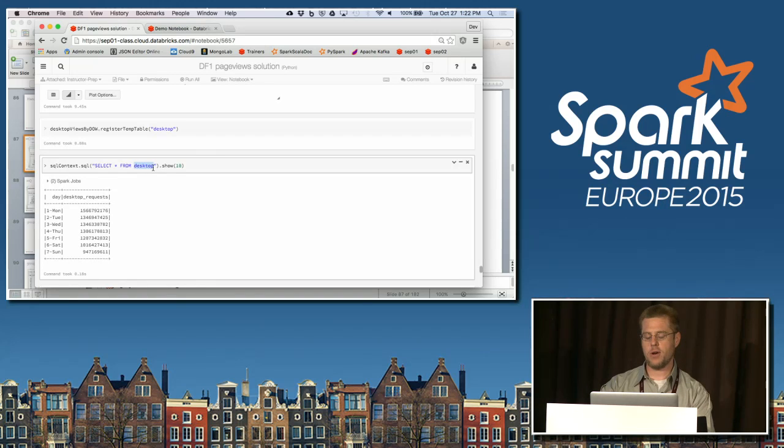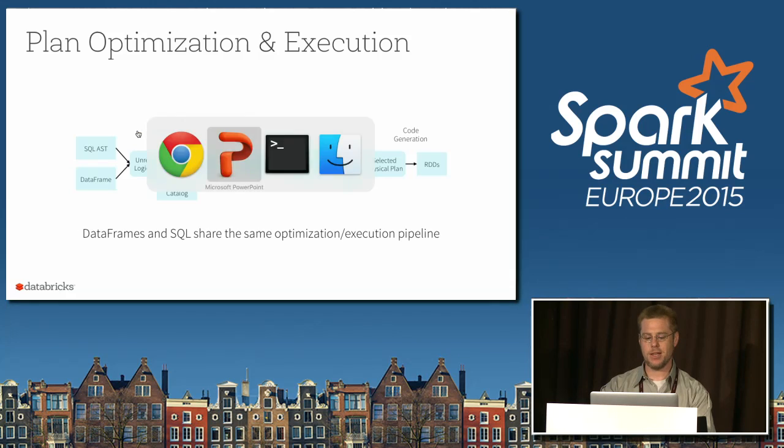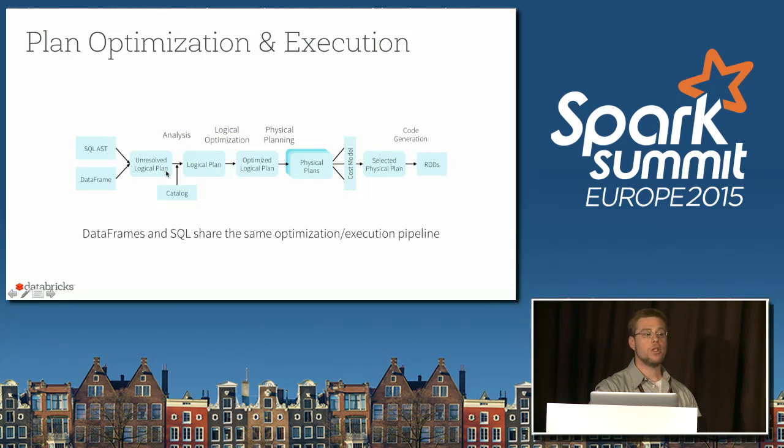In order for this token to have meaning, we need to have put an entry in the catalog somewhere, and that's what this does. If we can't resolve those things, then we're going to bail out. You'll get errors, right? So even though it looks like we're writing SQL as a string, as soon as Spark gets to this point, if it can't resolve these or the types don't make sense, we'll error out.